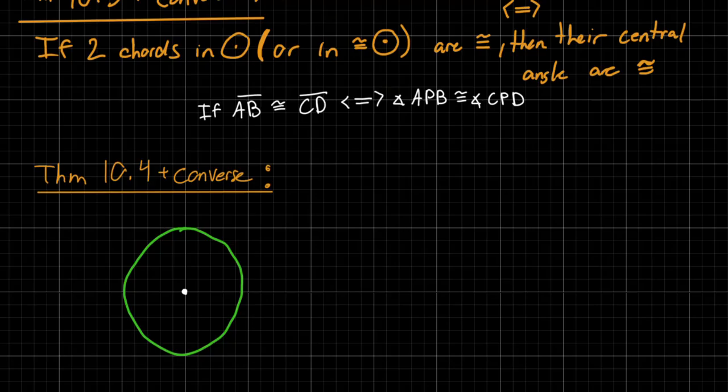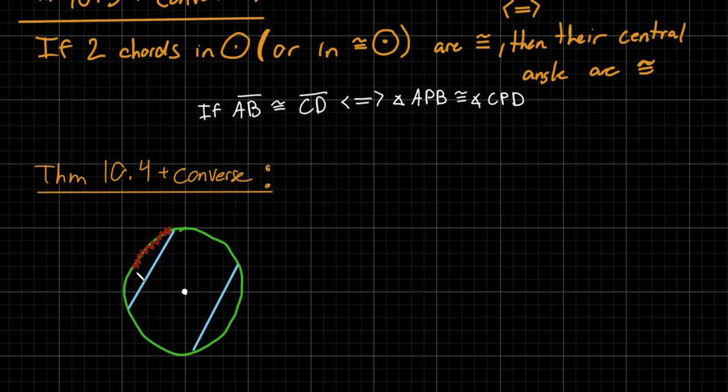And I'm talking about chords all day today, so let's draw two chords. One and two. So I draw these chords, and we find out that the arcs of these two chords are congruent.